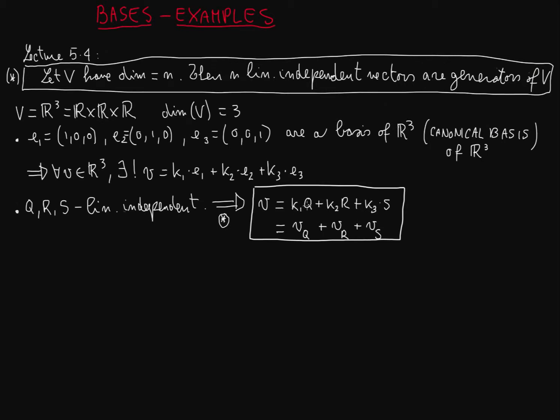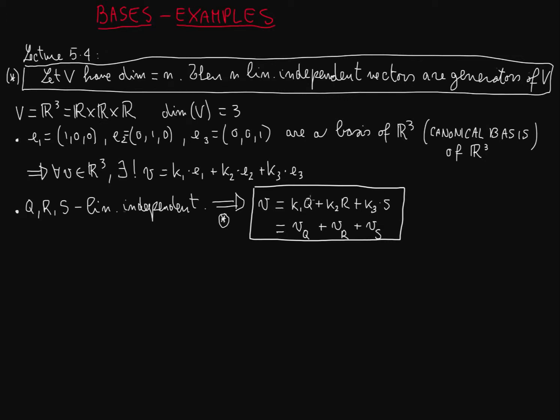Admittedly, the choice of Q, R and S had to be well chosen, because otherwise there are certain degenerations that might occur.